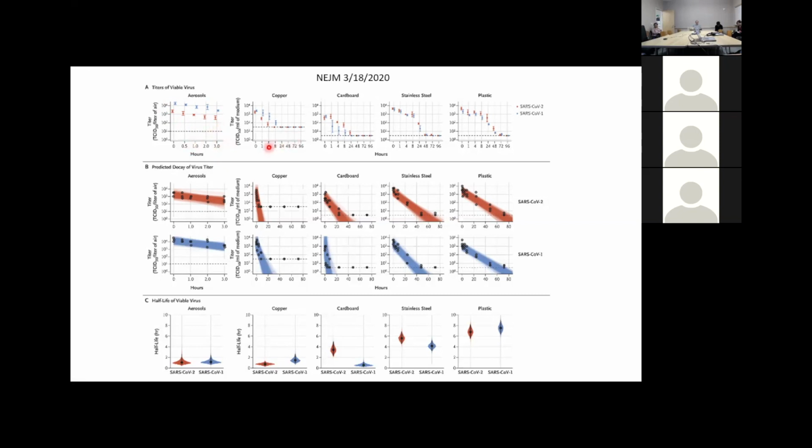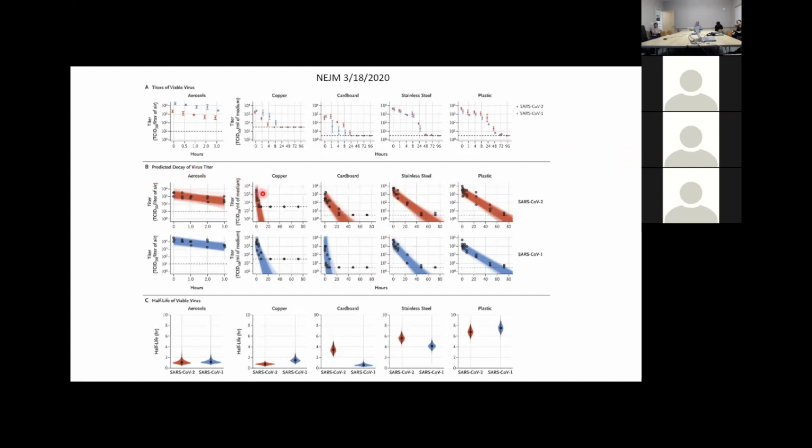Then they looked at the titers of viable virus on copper, cardboard, stainless steel, and plastic. You can see, again, the comparison of the blue and pink, but also the steepness of the curve in terms of death of virus. The virus actually seems to survive better on plastic and stainless steel. Another way to look at this is the predicted decay of virus titers.